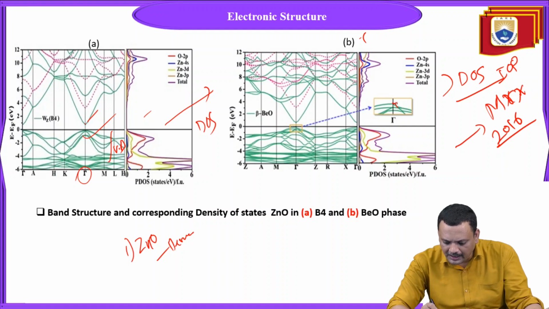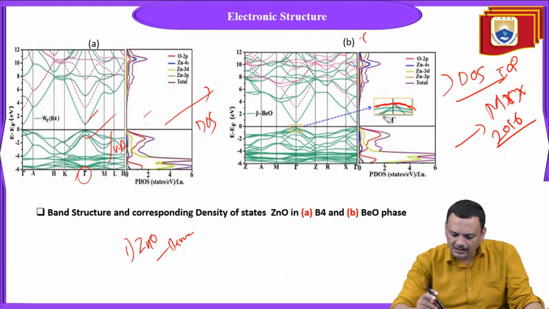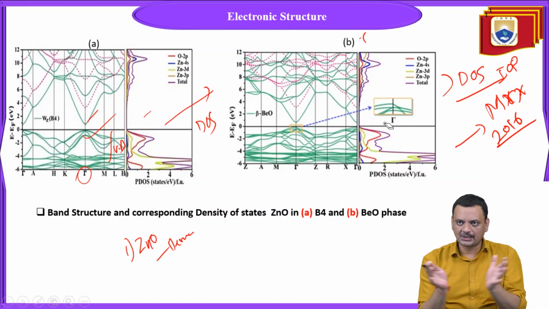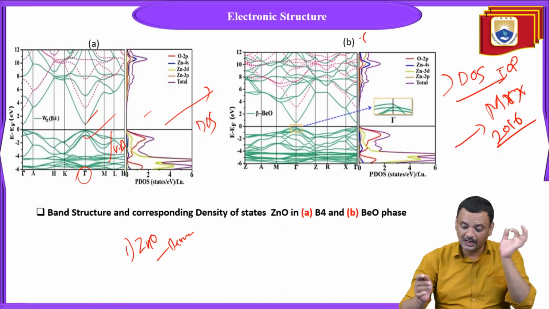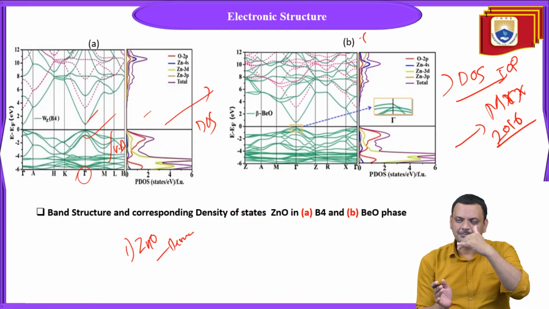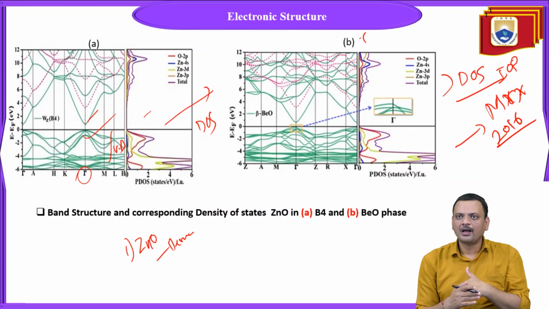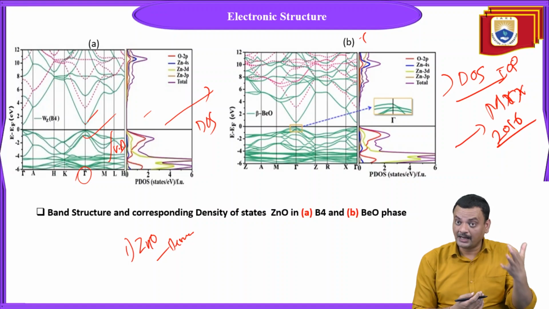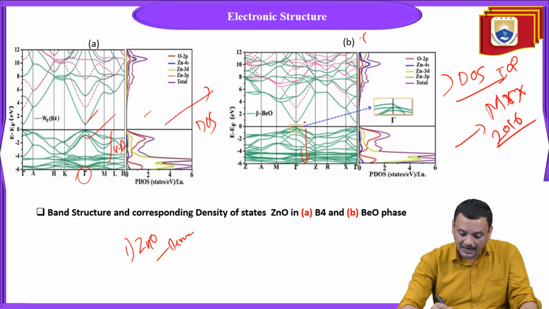Actually it should be like that to maintain the symmetry, but due to the symmetry of the unit cell, this sudden dip occurs in the Gamma to Z direction. This sudden dip in the band structure on the negative side, in the valence band, will change the effective mass.